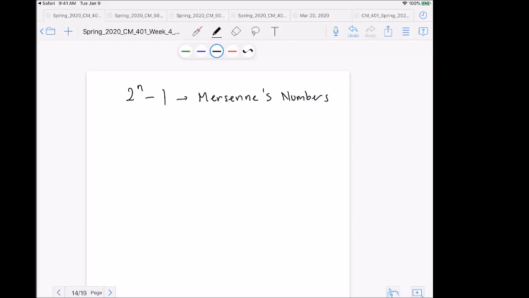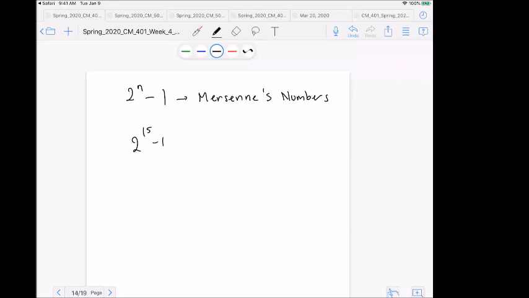Now, first of all, not every number in this form is going to be prime. We can see that 2 to the n minus 1 is not prime if n is not prime. For example, 2 to the 15 minus 1.